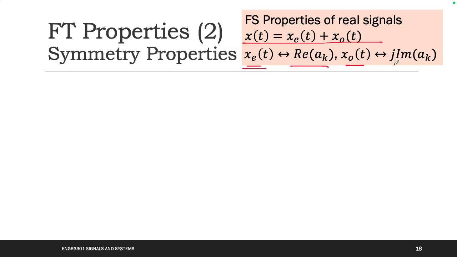The even part of the signal has an FS coefficient that is the real part of a_k, and the odd part of the signal has an FS coefficient that is the imaginary part of a_k. We talked about that when we learned the FS coefficients. Do you remember?